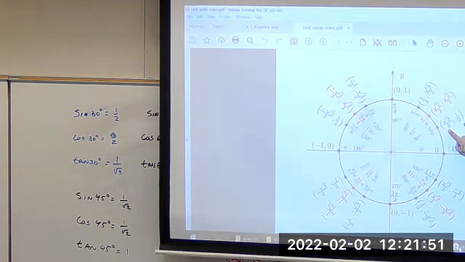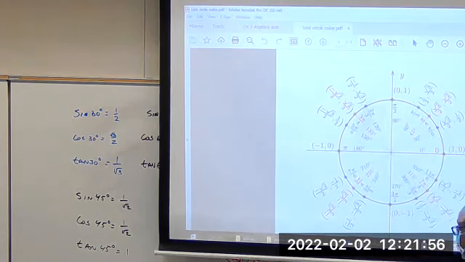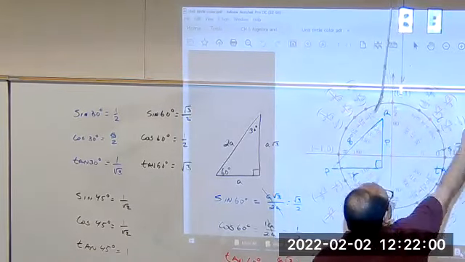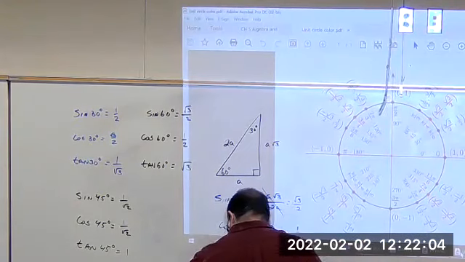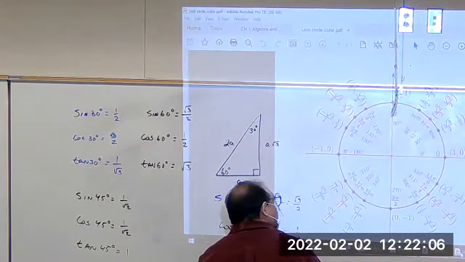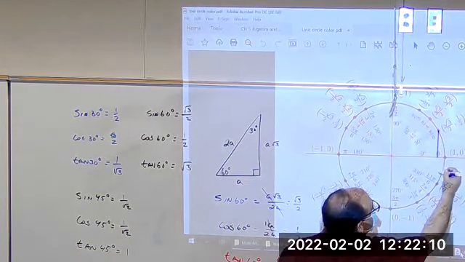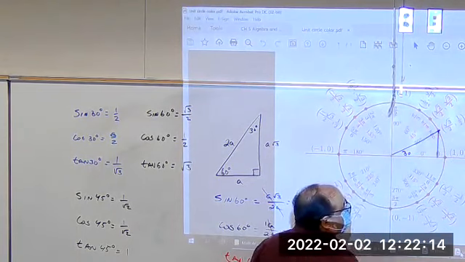30 degrees. The x coordinate, because you're going to make, and again, this is perfectly fine to just give you this little glimpse into Monday. Right here at this 30-degree angle, you're going to be able to make a triangle in the picture.